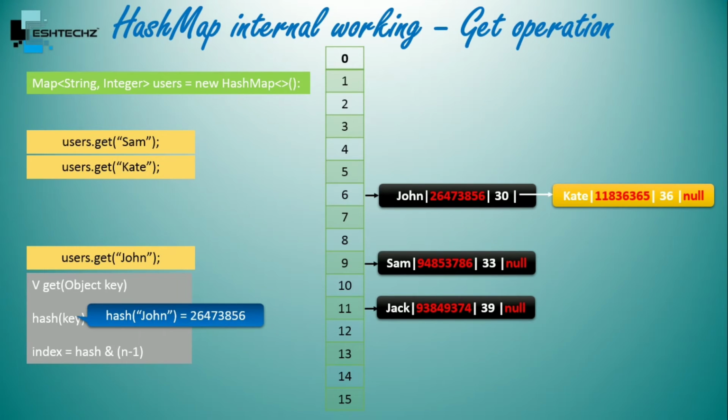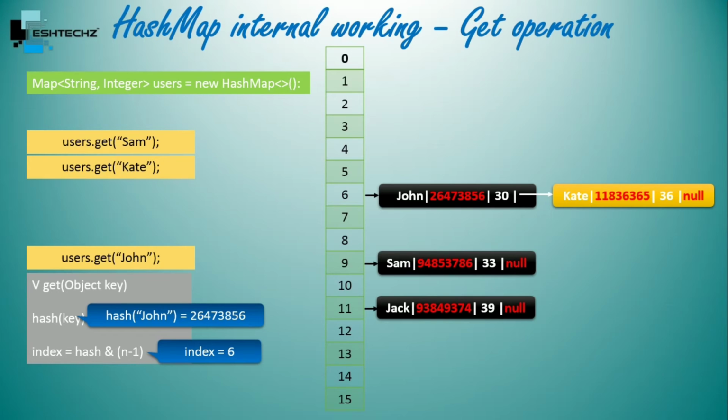And that's why, as per the contract, if we pass the same object to the hash function, the hashcode should always return the same value. Because we need to identify the index on the basis of that key. If the key gets changed, the index value will change, and we will permanently lose that key and the value. So in order to safeguard, we have that contract.